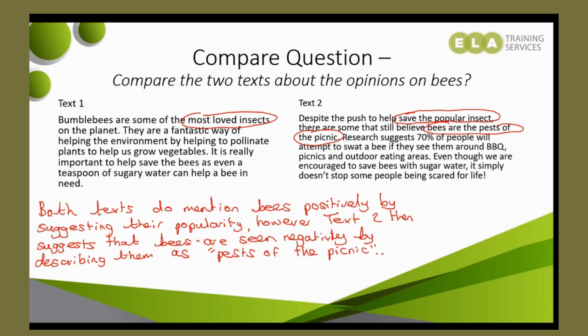If we were commenting on both texts, we can both mention that they emphasize about saving the bees. Both texts emphasize the importance of looking after the bee population, looking after bees.